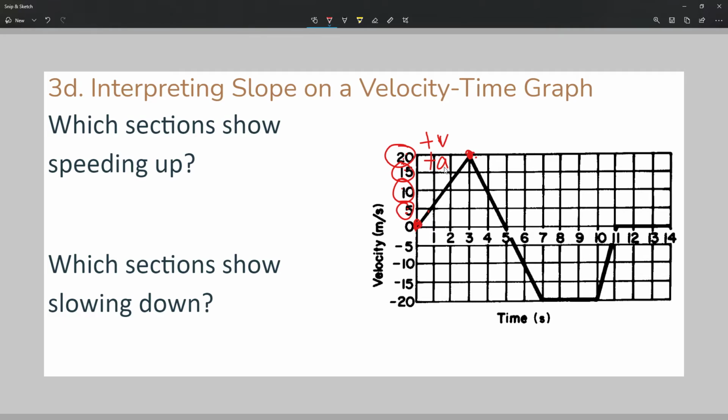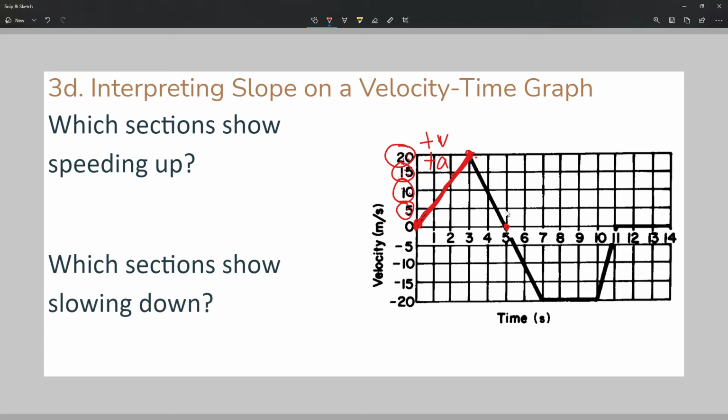You have a positive velocity because of these positive numbers over here, and you have a positive acceleration because your slope here is positive. That's why.